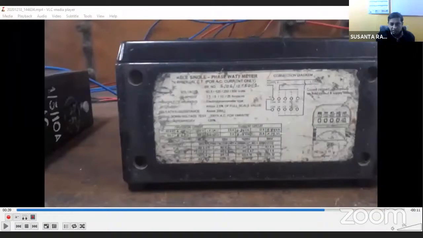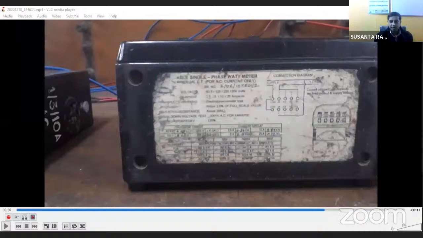So I think it's not very clear, but here, depending on the pressure coil and current coil rating, you have different multiplying factors. So you have to see carefully when you go for the actual experiment, because when you are changing the current coil and pressure coil, you have to note down the multiplying factor corresponding to that combination.